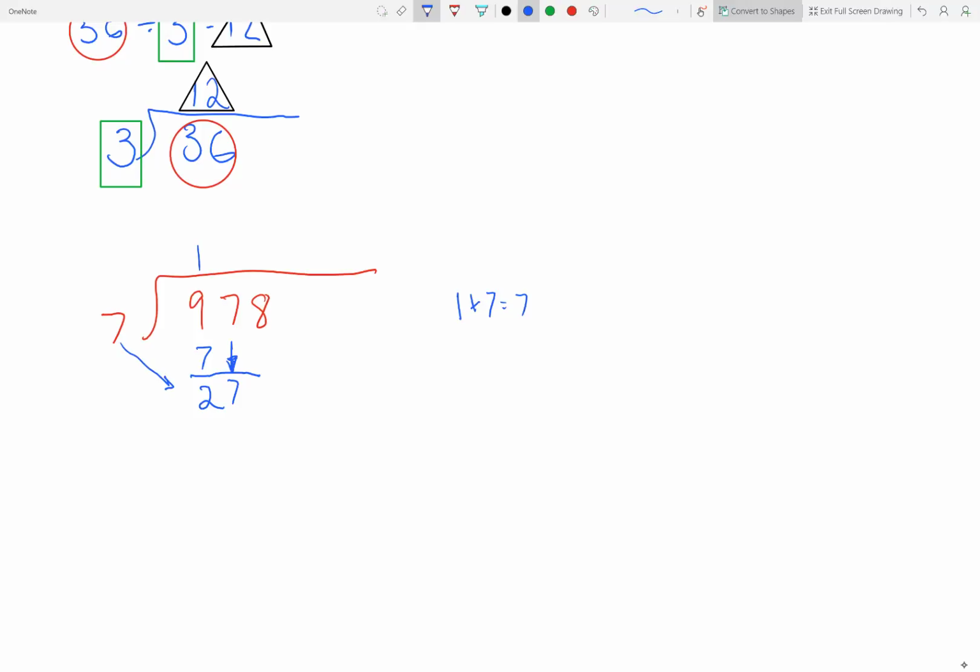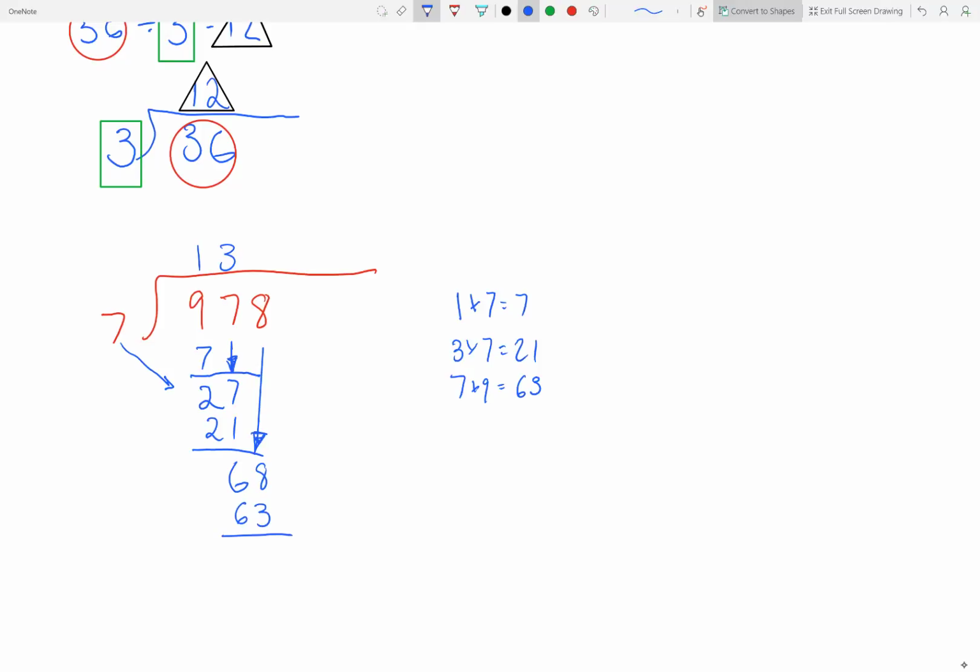Well, 4 times 7 is 28, which is too much. So it's one below that, 3. 3 times 7 is equal to 21. 27 take away 21 is 6. And then I bring down the 8. And I ask myself, okay, how many 7s are in 68? 7 times 10 is 70, so that is too much. 7 times 9 is equal to 63.